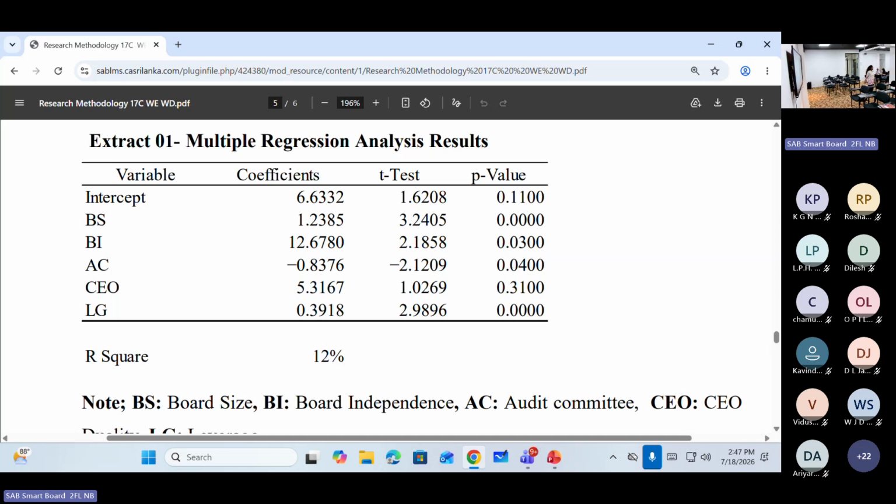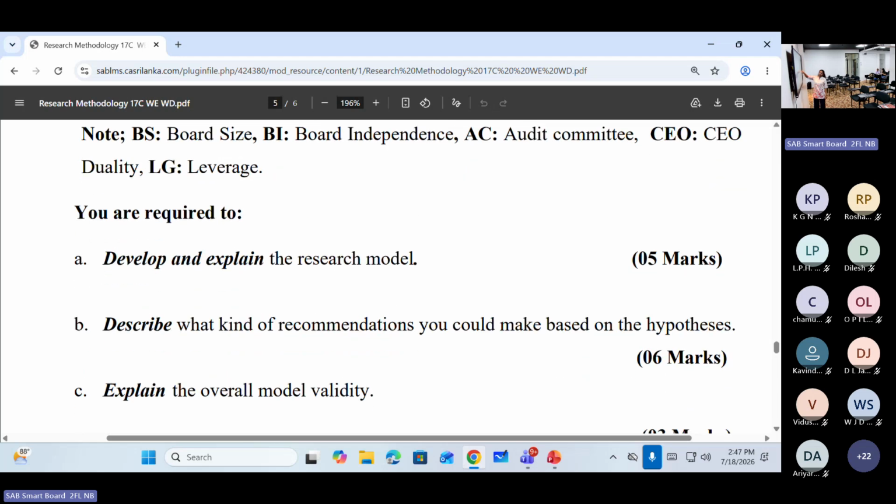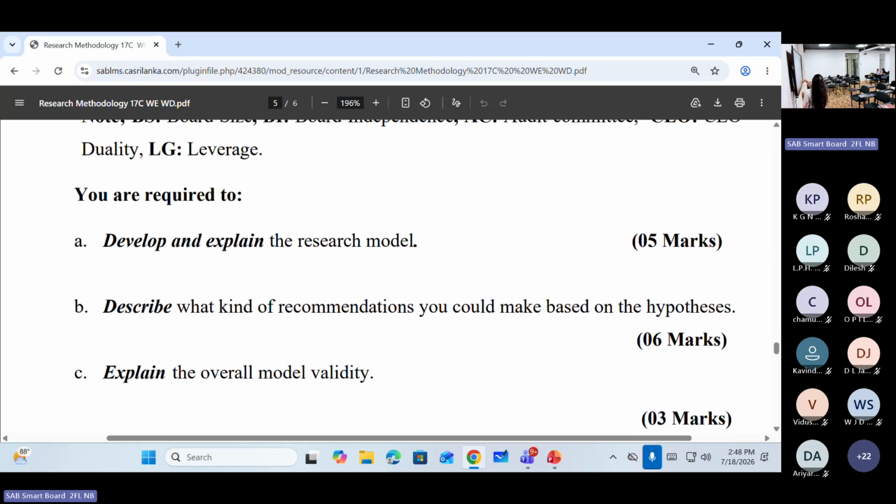So this is your entire recommendation based on the hypotheses.